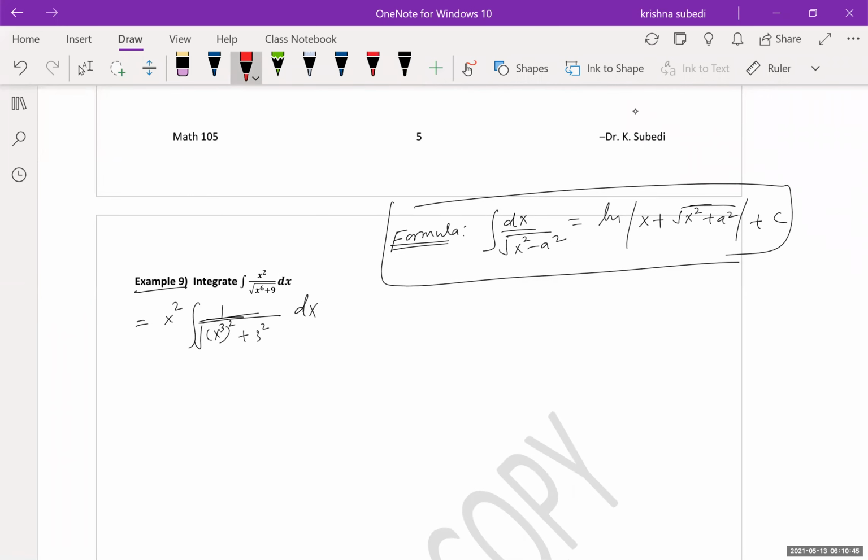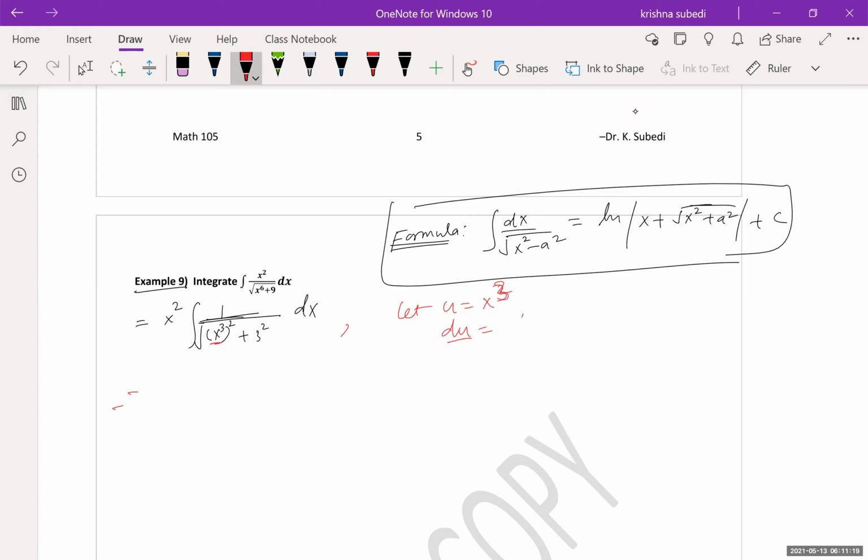Now using the formula, your answer is going to be, oh, by the way, hold a second here. Let u equal x cubed.